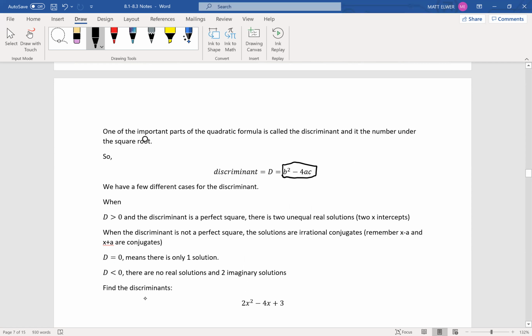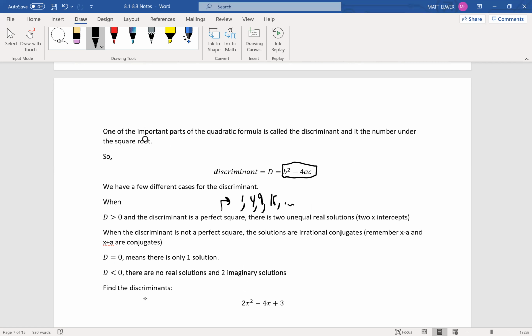So when the discriminant is greater than 0, so it's a positive number, and it's a perfect square, like 1, 4, 9, 16, and so on, then we have two unequal real solutions.